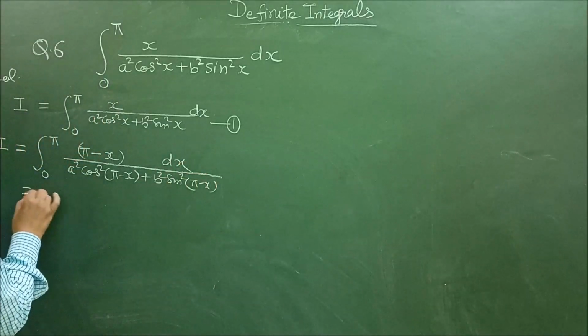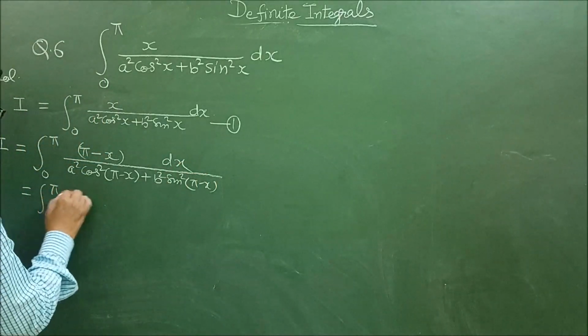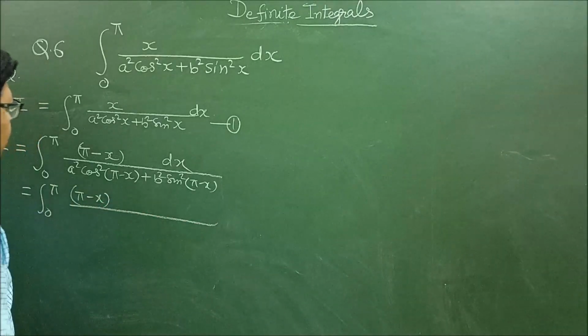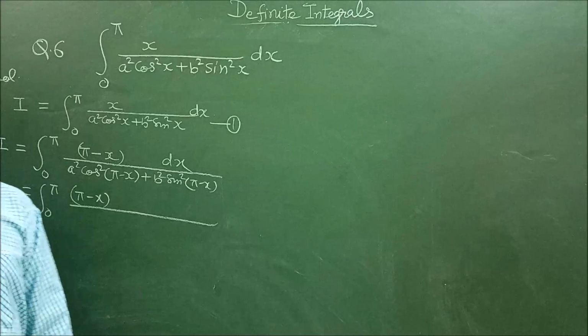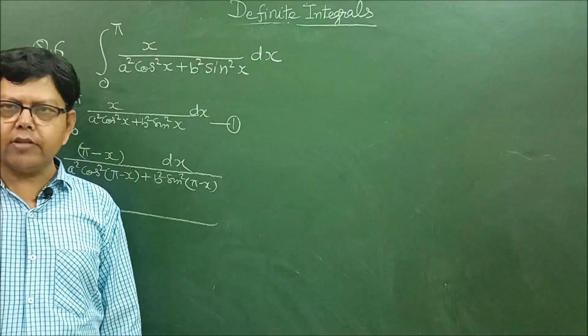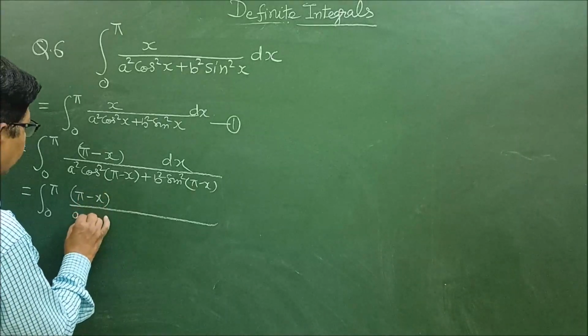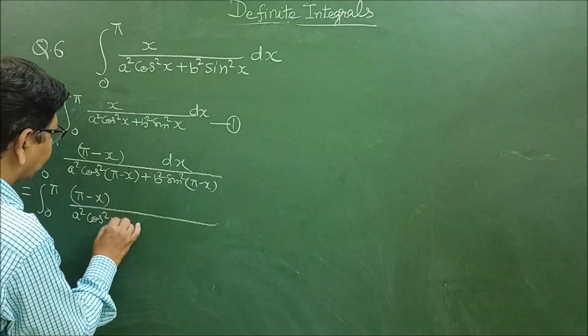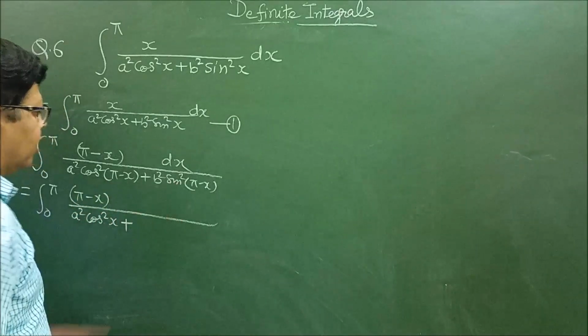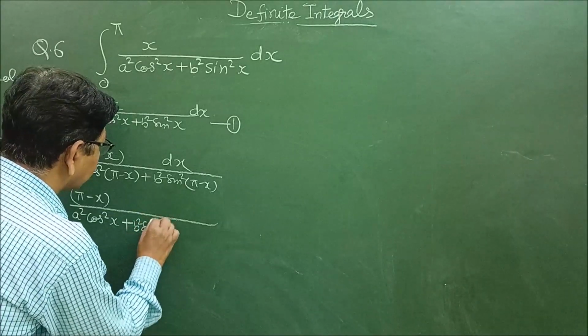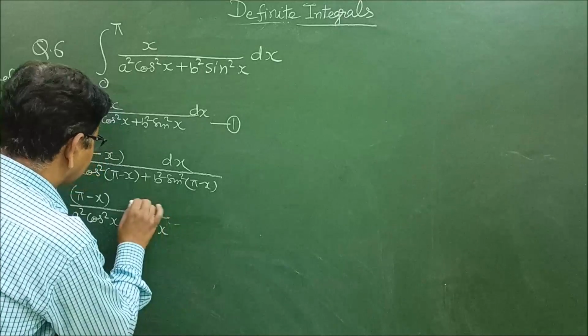Now cos(180 minus x) is equal to minus cos x, but the square sign is there, so it is equal to positive cos square x. So a square cos square x plus, again, sin(180 minus x) is equal to sin x, so we get b square sin square x, dx.